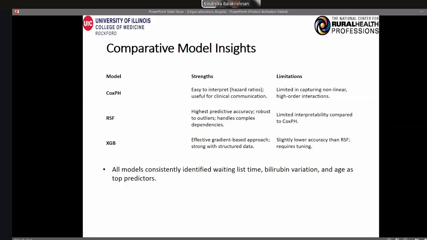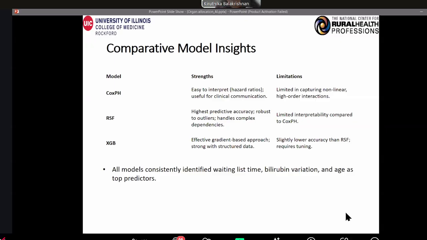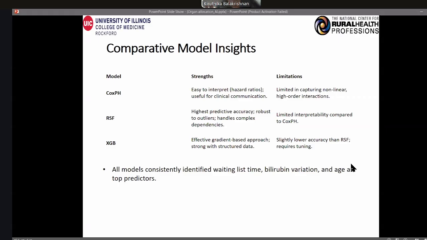Next, we will move to the random survival forest model. This model gives us the highest predictive accuracy in our study. It is a tree-based ensemble approach that performs very well with noisy or imbalanced data. It's also robust to outliers. The random survival forest model can also model nonlinear patterns and interactions automatically, which is why it's particularly good for medical data that often does not follow simple linear trends.